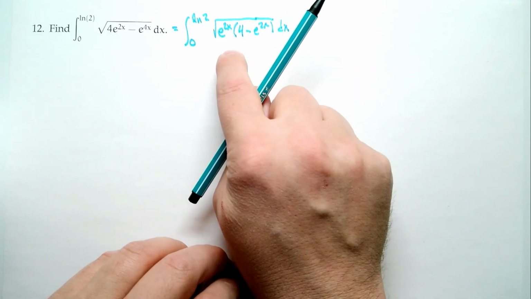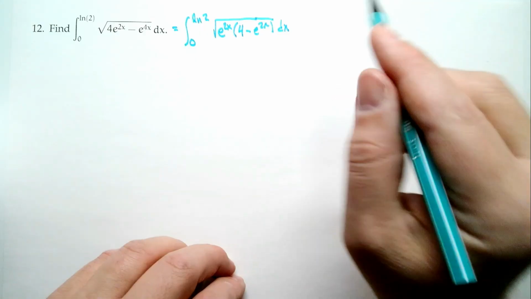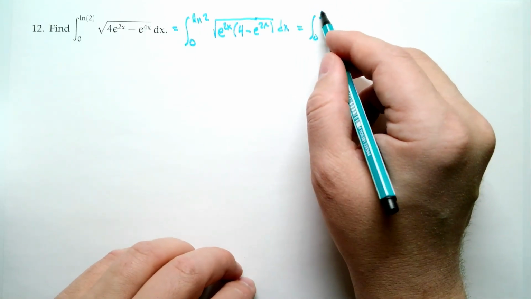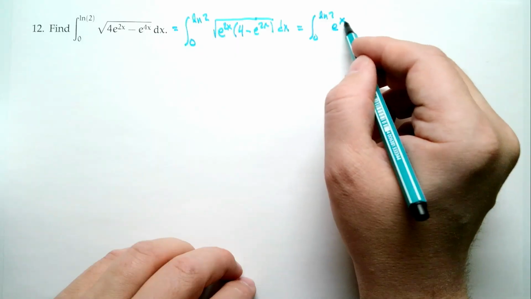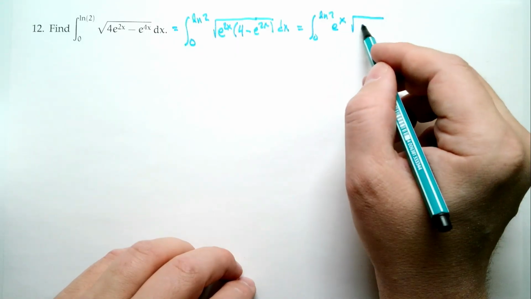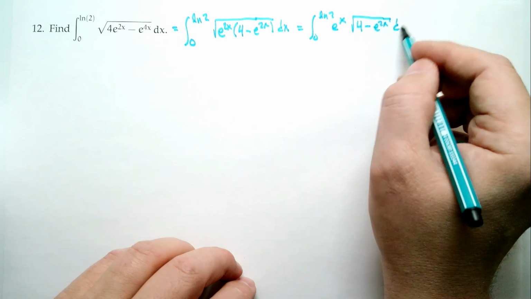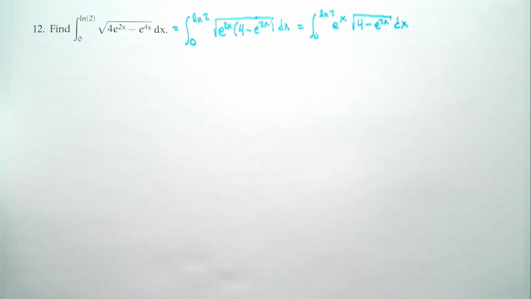And we can take the square root of e to the 2x. That's not so bad. Square root of e to the 2x is e to the x. So you get e to the x, square root of 4 minus e to the 2x. So looking at this, we start thinking, oh, this is kind of feeling familiar now.